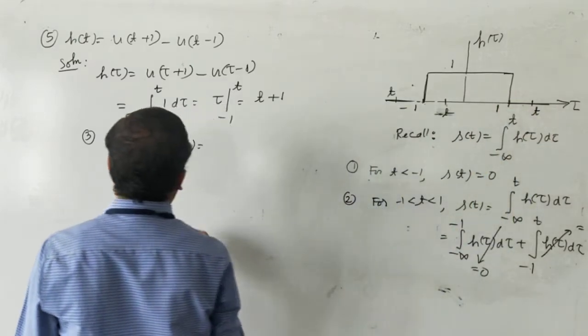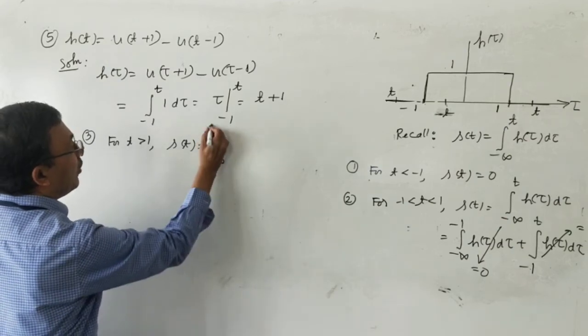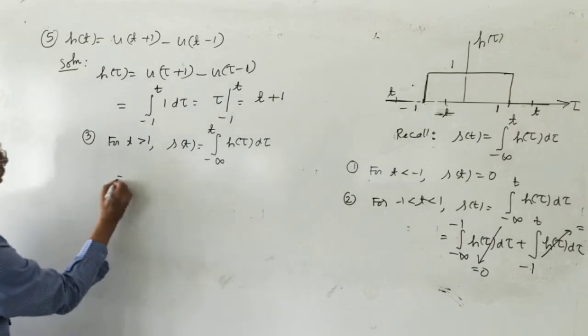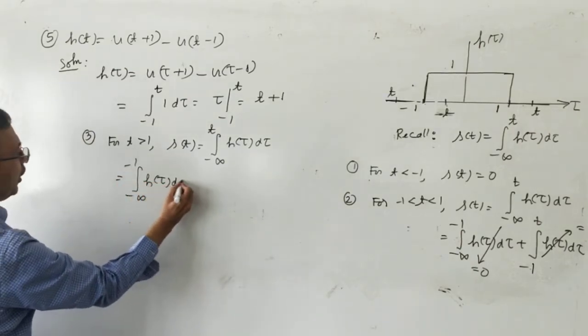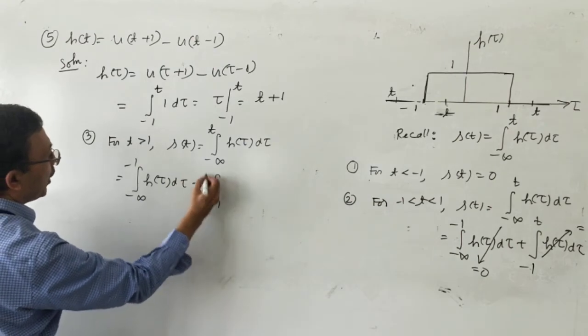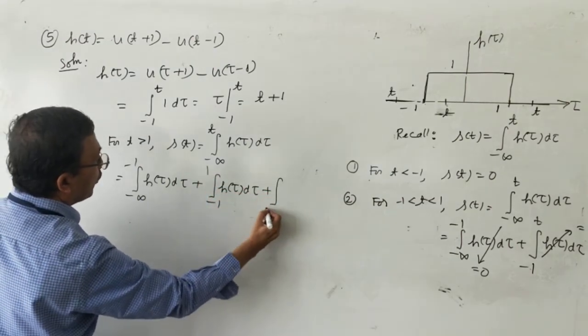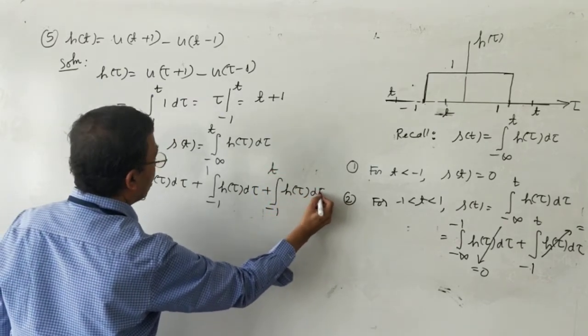For t greater than 1, S of t is what? Integration from minus infinity to t of h of tau d tau. This will be split in this manner: minus infinity to minus 1 of h of tau d tau, then integration from minus 1 to plus 1 of h of tau d tau, then integration from plus 1 to t of h of tau d tau.